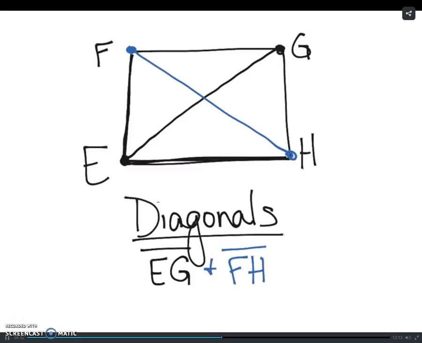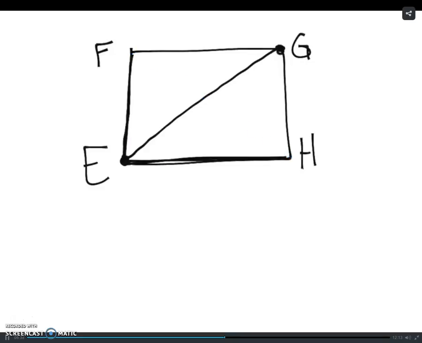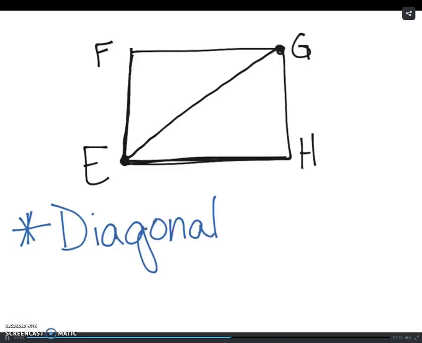Okay, and we have two facts about the diagonals. Our first fact about the diagonals is that the diagonals each cut the parallelogram into two congruent triangles. The symbol for parallelogram just kind of looks like a slanted rectangle.